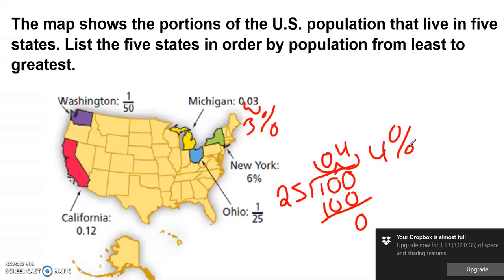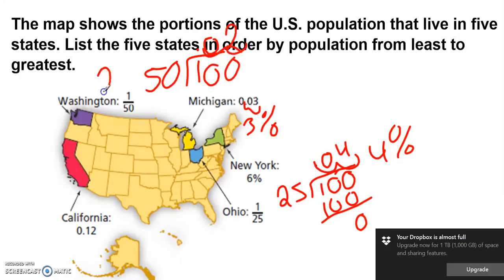So we have 3%, 4%, and 6% for New York. Here we have 1 over 50. It goes in 10 0 times, but it goes in 100 twice. So that is 2%. And then California is 12%.